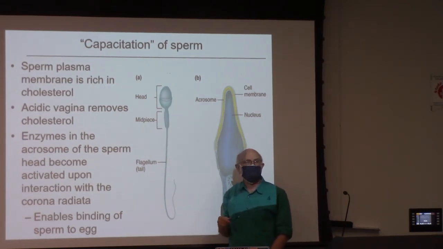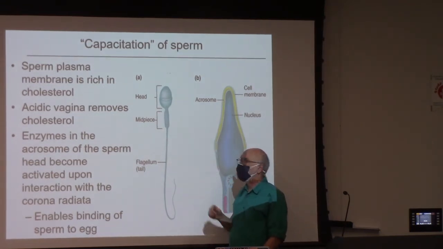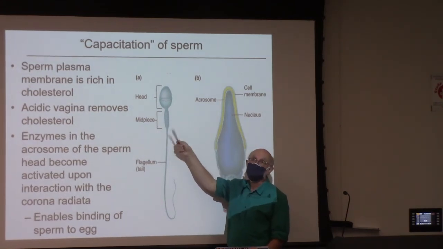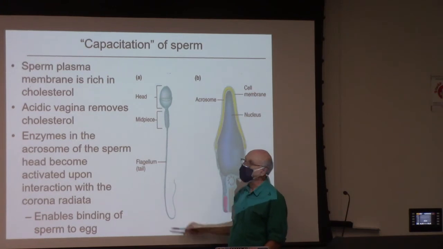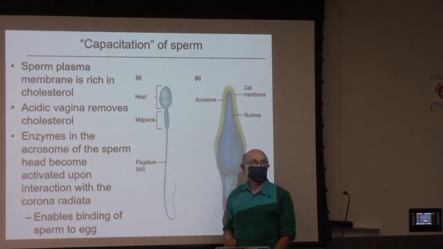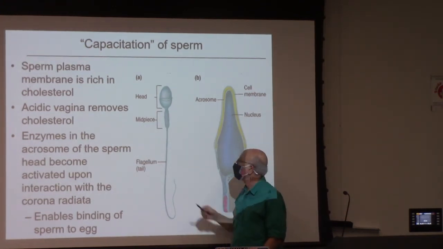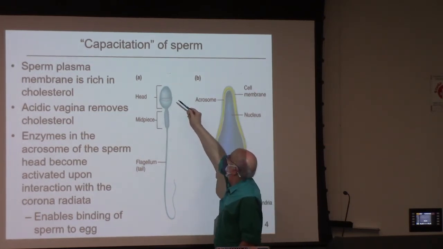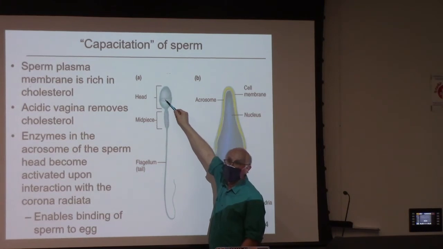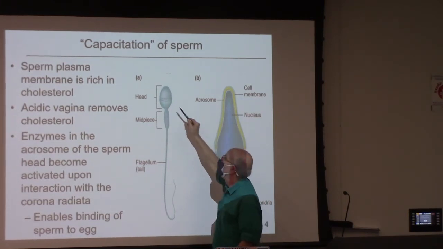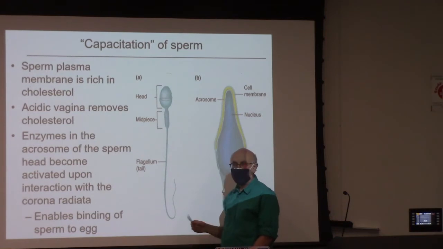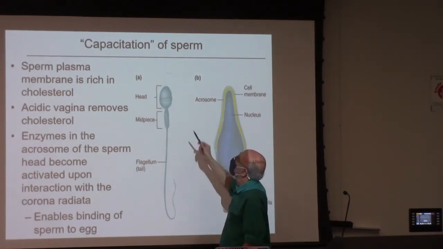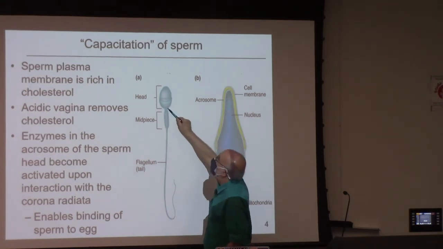Those of you who've studied bacterial motility with a flagellum know that there's basically an ATP-driven rotor that spins the flagellum and causes the sperm to swim. The head is where the haploid DNA is. The flagellum is the propulsion mechanism. The midpiece is the motor. The surface membrane, let's just focus on the head.